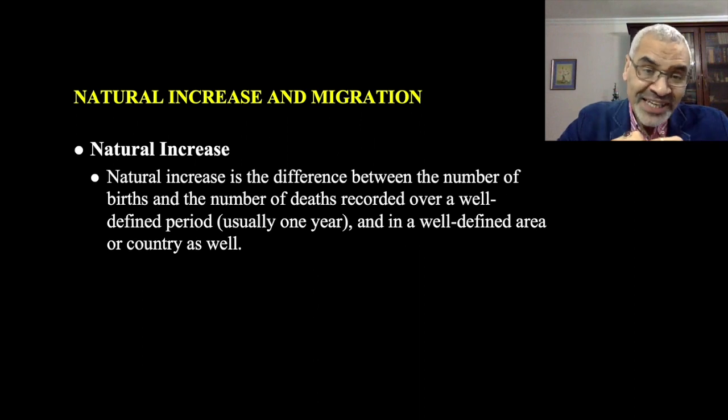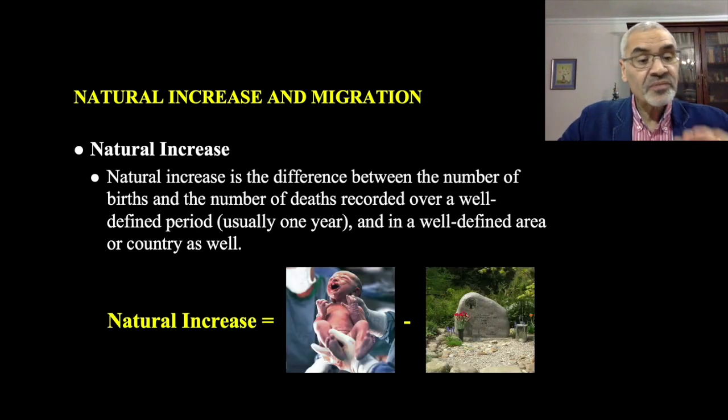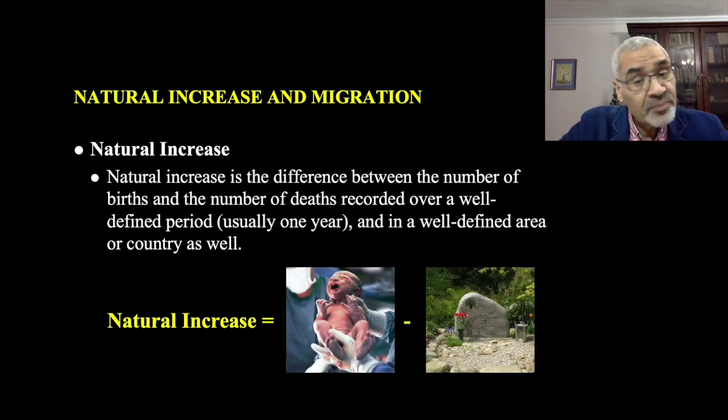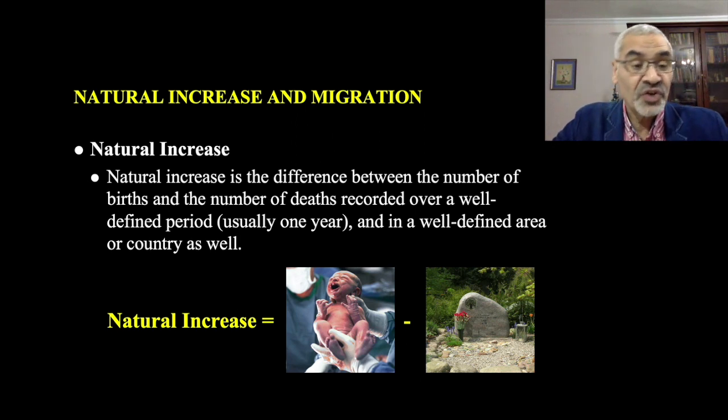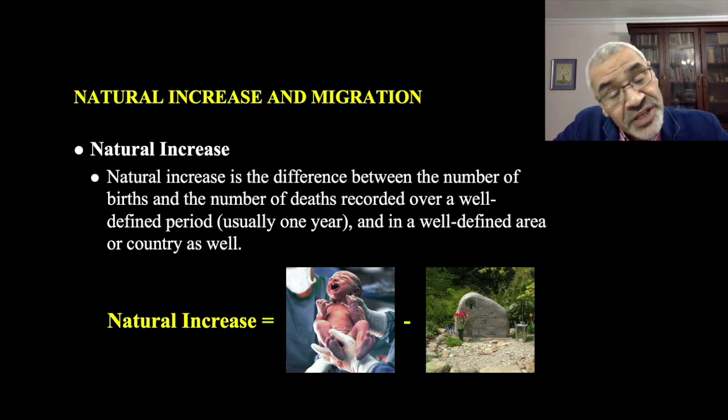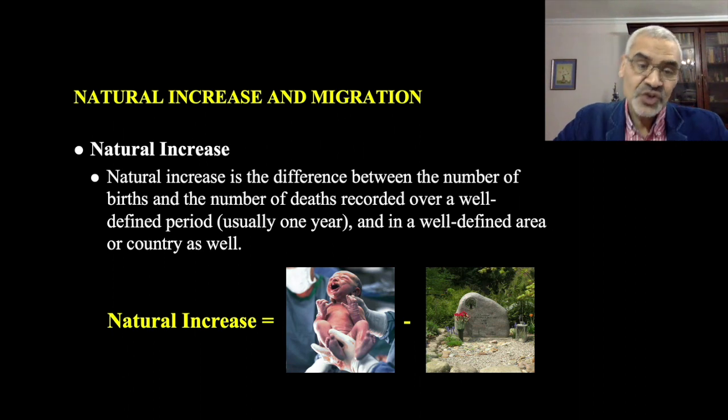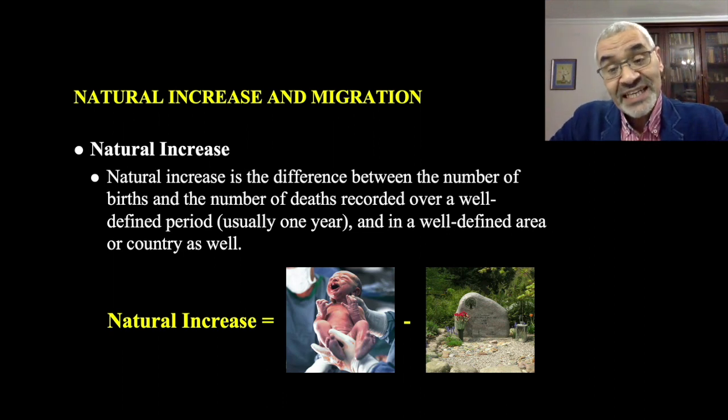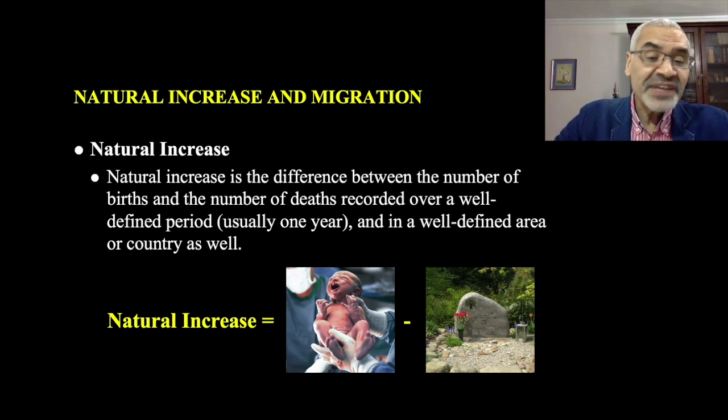So natural increase equals births minus deaths. If in a given country the number of births is 1 million and the number of deaths is 500,000, then the natural increase is 500,000.